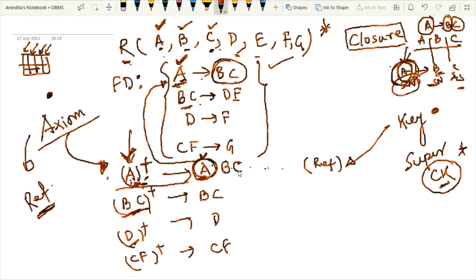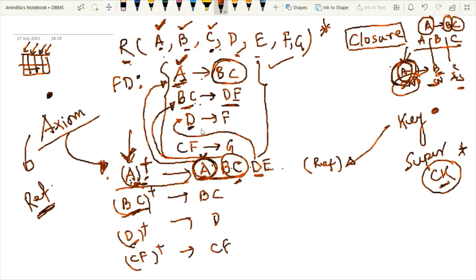Again, I am repeating. Whatever you have in the RHS, just check whether it appears in the left hand side of a functional dependency or not. Yes, BC appears. So whatever BC is pointing to, just copy it. Again, whatever you have in the RHS, check whether it appears in the LHS or not.